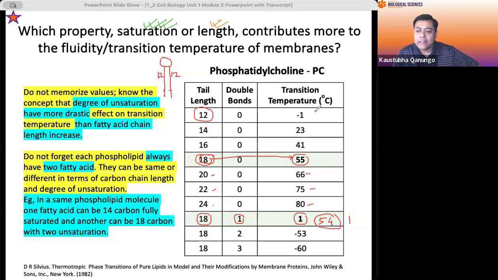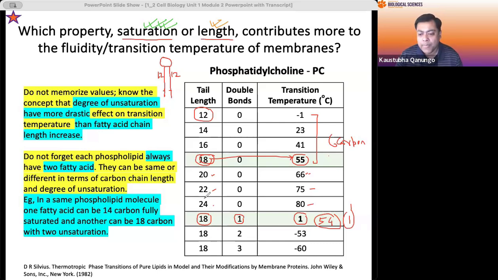Whereas here, this is also about a 56-degree difference, and you needed 6 carbons to be added to increase that to 55 degrees. So 1 versus 6. That's why we say that saturation has a much more drastic effect compared to the length of the carbon.